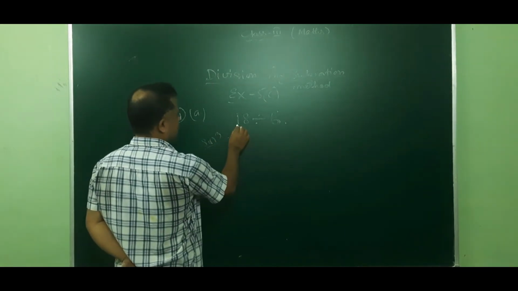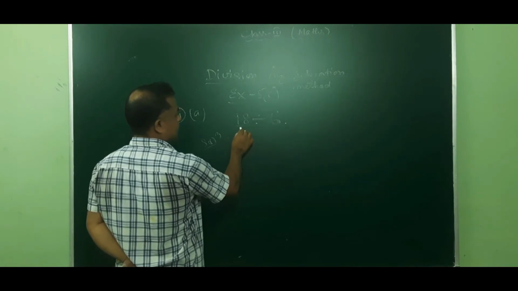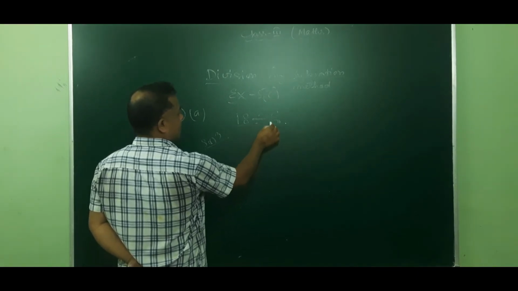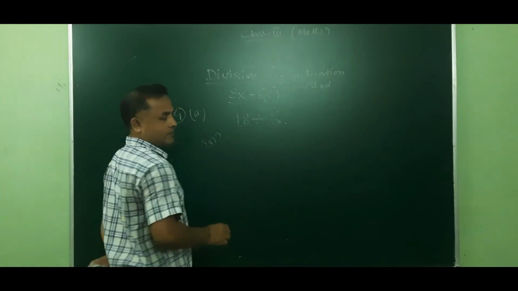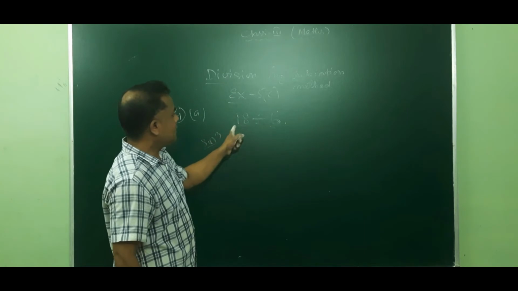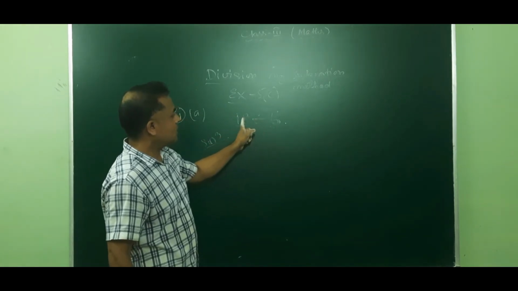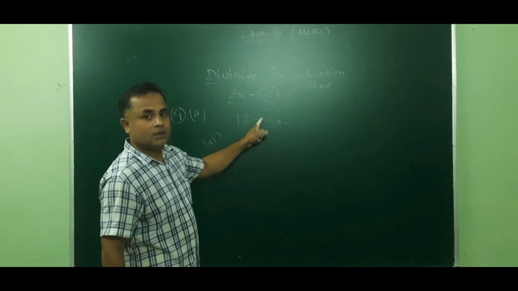Now here this 18 we will take as the dividend, and this 6 the divisor. How will we know? You can see that 18 comes first and the operation symbol comes after 18, then you find 6.